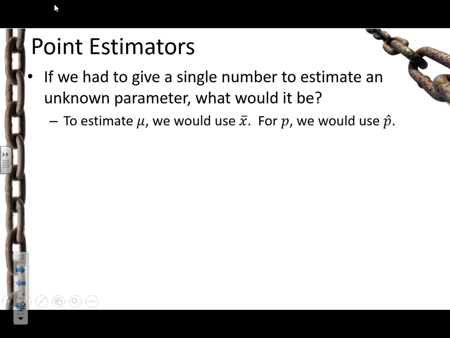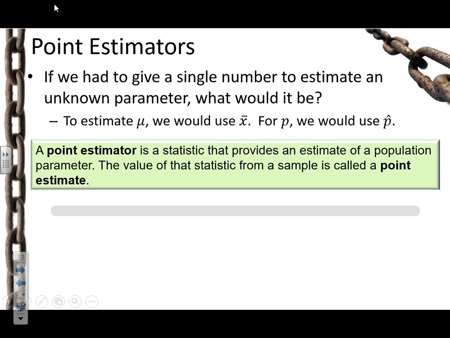Okay? Now, this sample mean and this sample proportion have a specific name when we're applying them as estimates for a parameter. And that's a point estimator. That is a term you need to know. So a point estimator is a statistic.